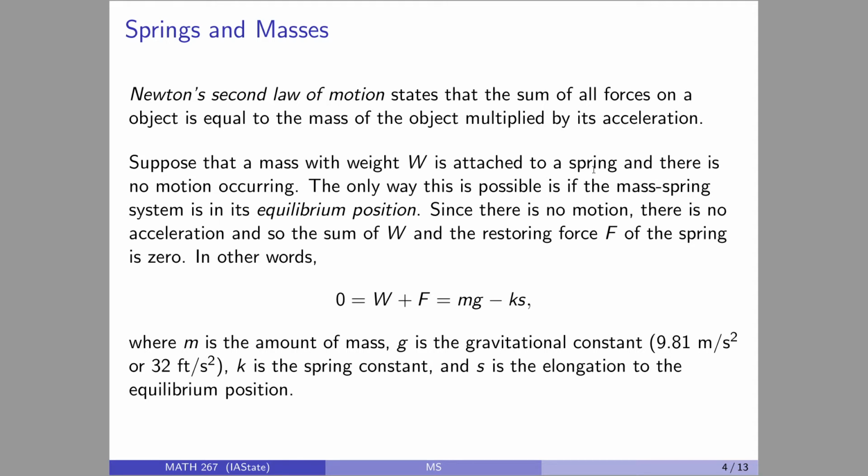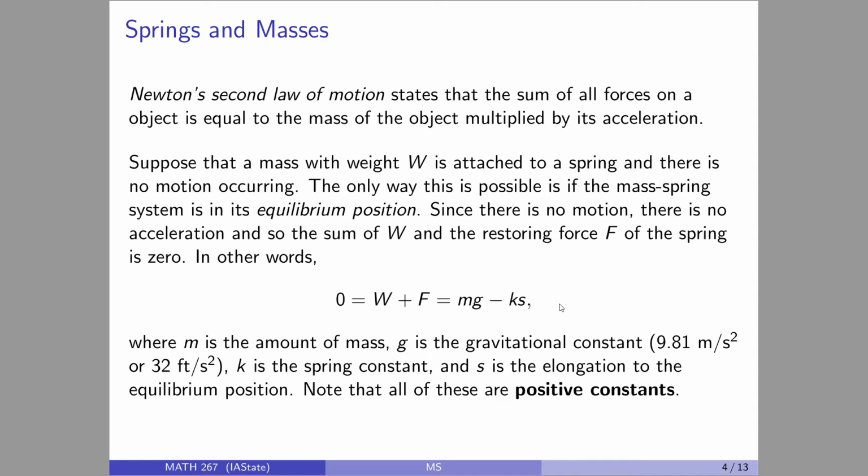Okay, so again, we want to stress here, all of these constants that show up are all positive. And note that for any mass spring system we'll ever create, this feature is always going to be present. It always needs to be that mg minus ks is equal to 0. Even if we were in motion, this fact is always true, right?